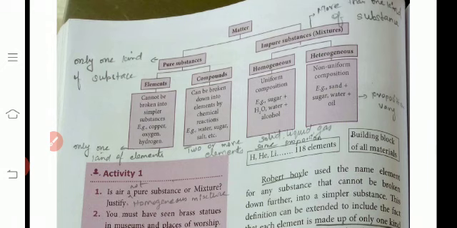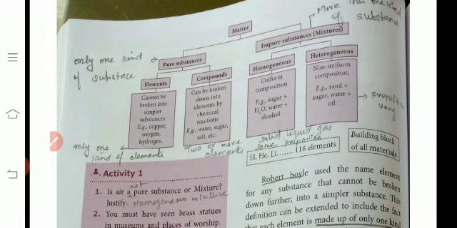Then impure substances, that is mixtures. Mixtures are divided into two types: first homogeneous mixture, second heterogeneous mixture.